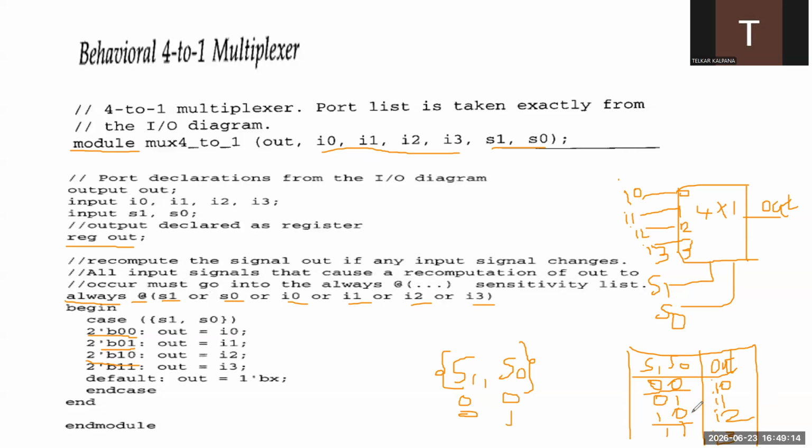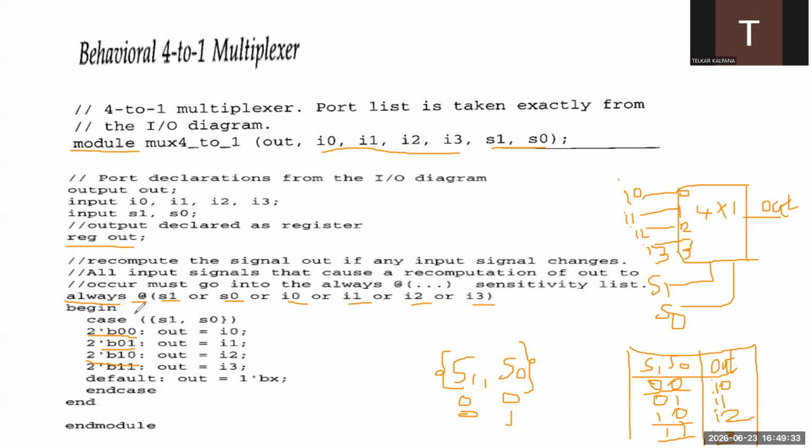Then I2 will be assigned to out. And the last combination, when the expression takes the value 1 1, then I3 will be assigned to out.